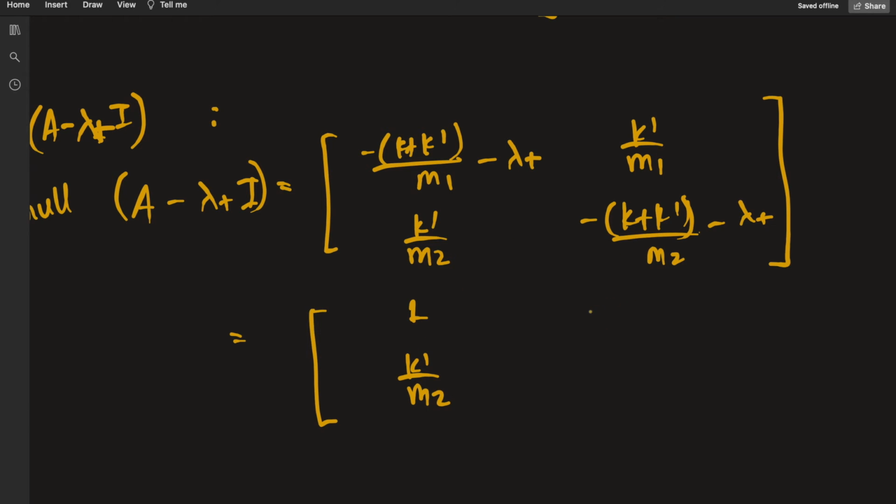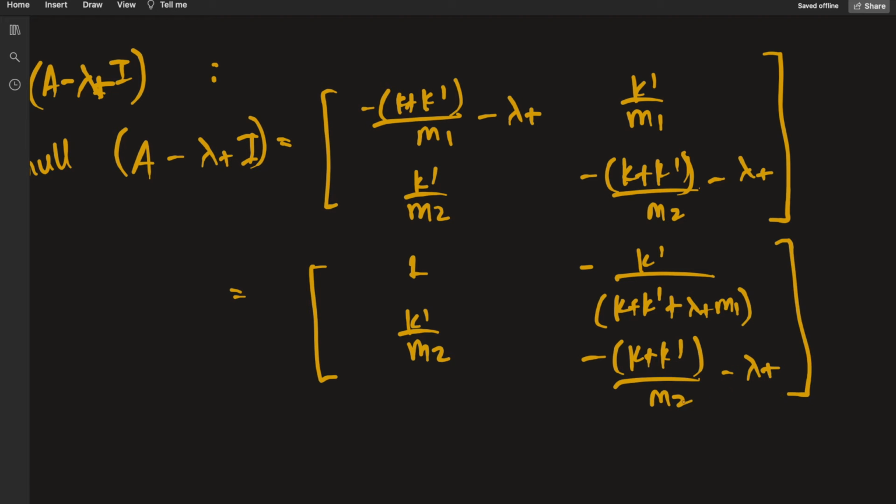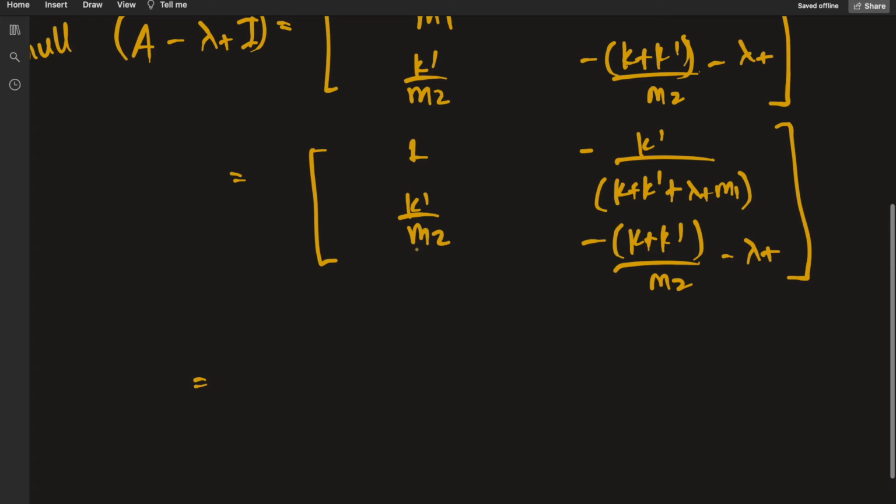and then over here we end up with a negative k prime over (k plus k prime plus lambda plus m1), if I'm not wrong, and then here there's another. I think we can keep this guy the same. And now we want to make this bottom entry 0 in the first column.